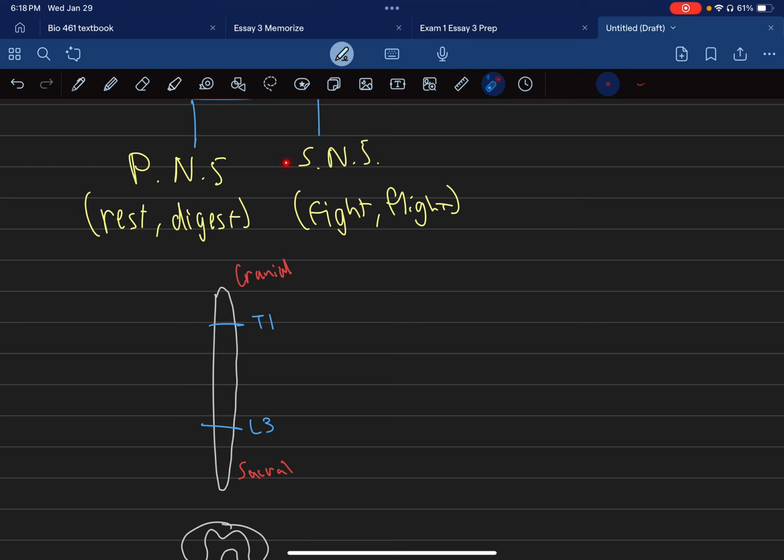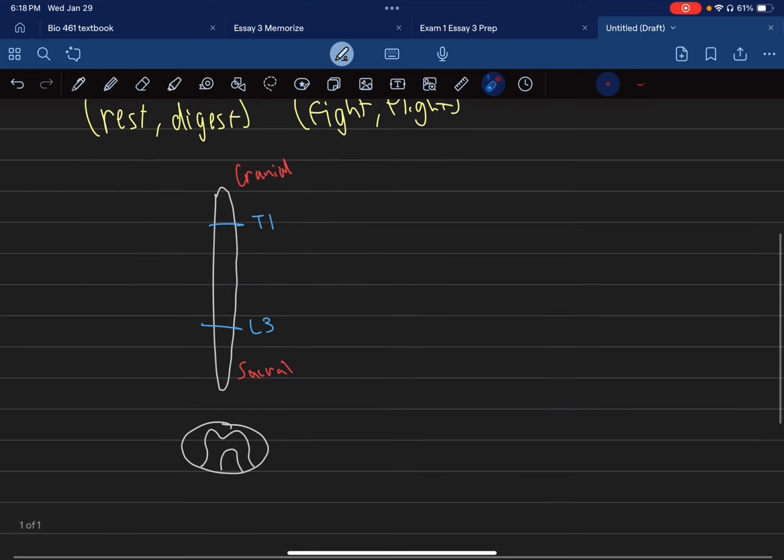The sympathetic nervous system is going to originate here in the lateral horn of the spinal cord.